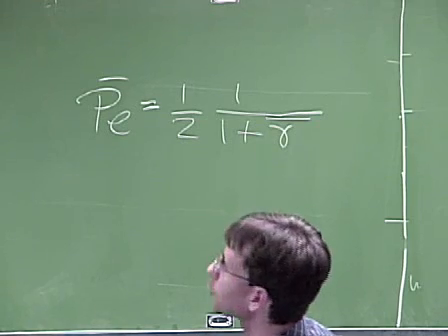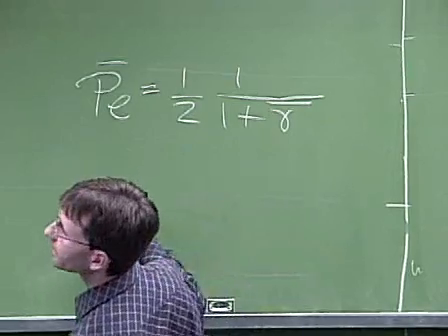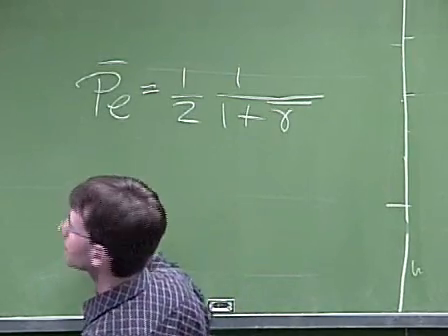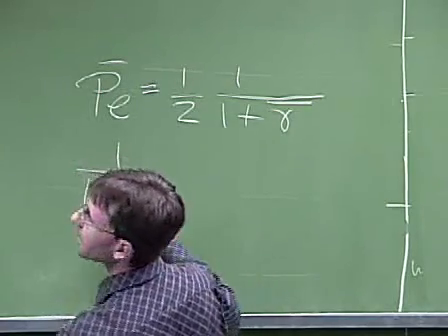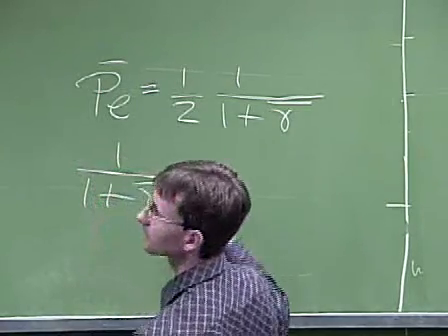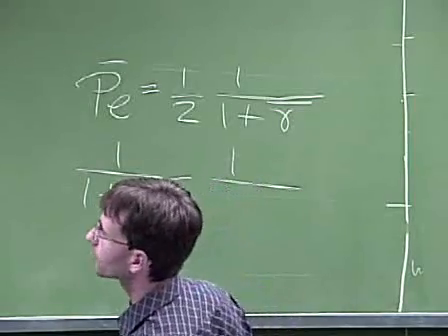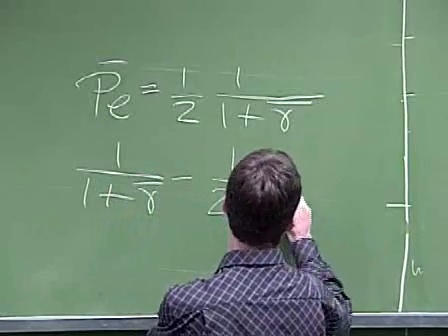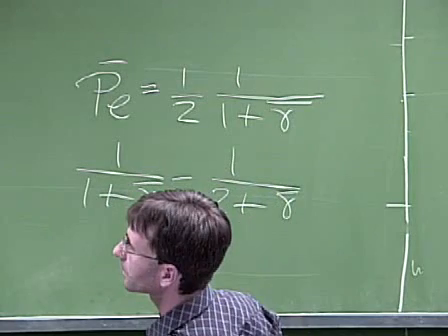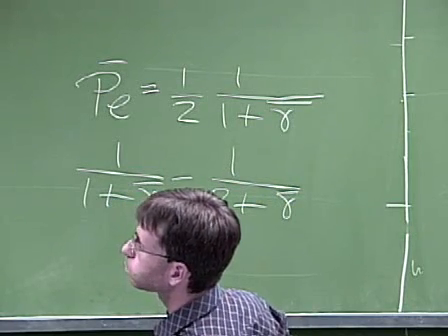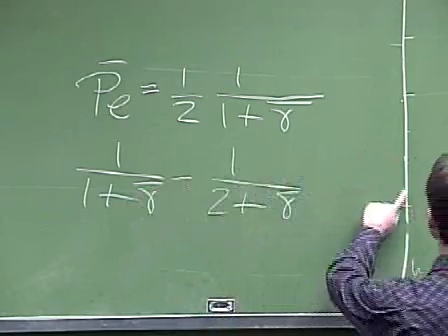Now, say I go to m equal 2. The 1/2 disappears because now it's 2 over 2. So I get 1 over 1 plus gamma bar. And now I get a minus 1 over 1 plus 1, 2 plus gamma bar. And then I get 1 over 1, which is 1. Okay, so that's it.